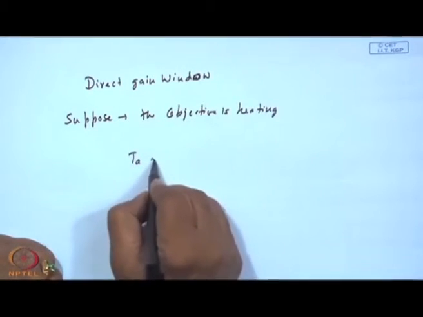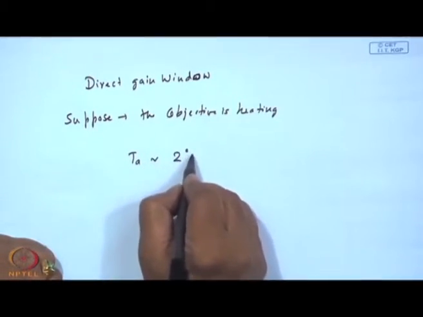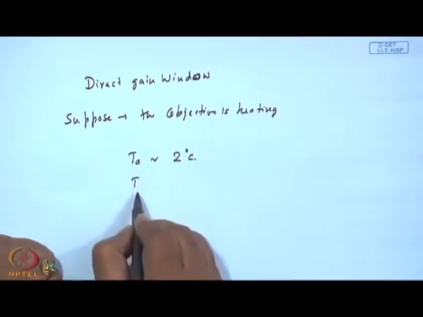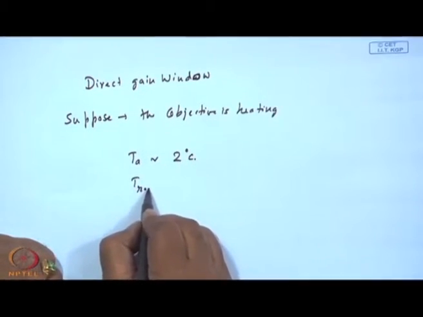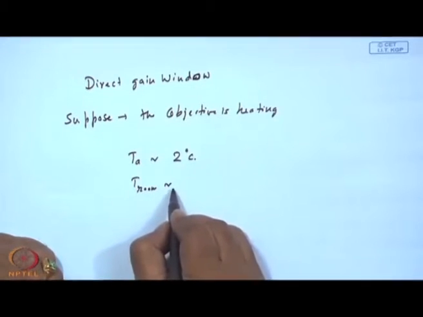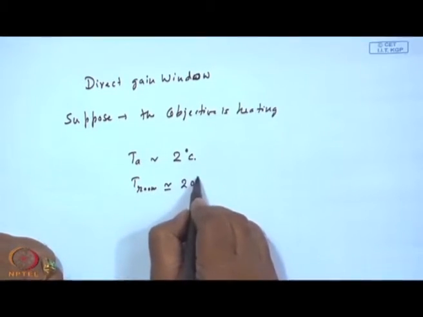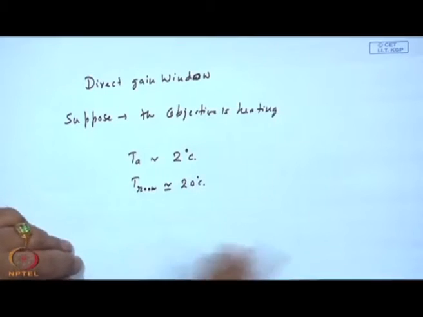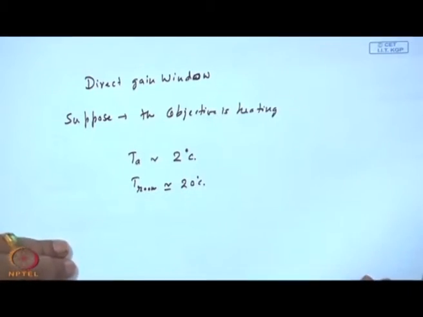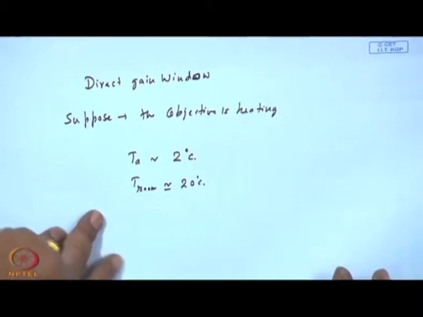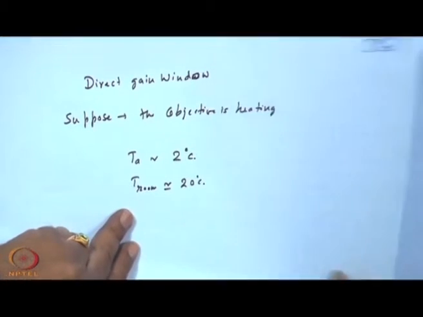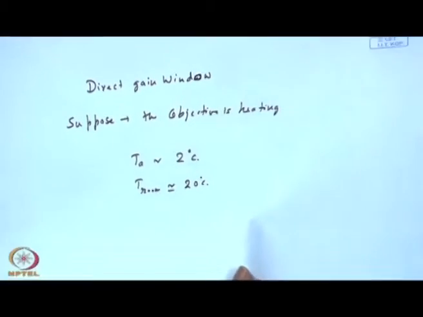Your T_a may be 2 degrees C, and you obviously want T_room to be approximately, let us say, 20 degrees C, right. So, you have to let the sun enter to heat the room up to 20 degrees C through a direct gain window.